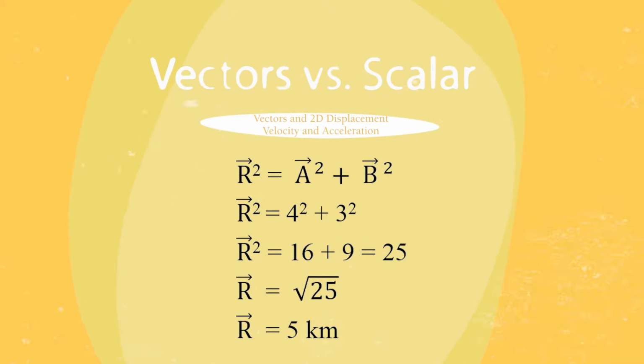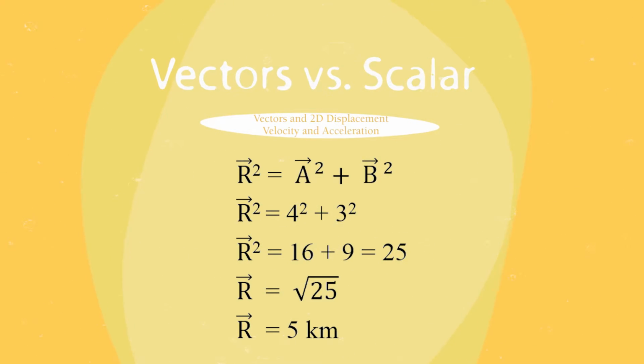So what we have here is r squared equals a squared plus b squared, wherein r squared equals 4 squared plus 3 squared, resulting in r squared equals 25, and we take the square root of both sides. The resultant would be 5 kilometers.